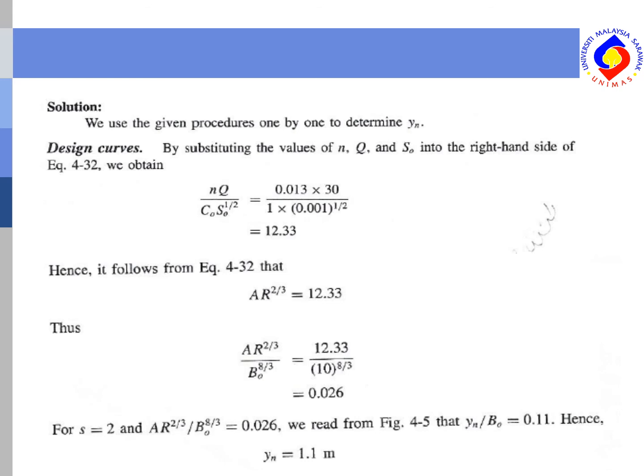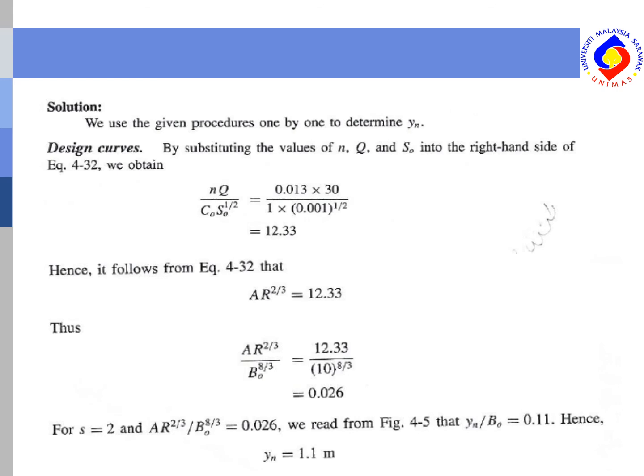Since this is a trapezoidal shaped channel, we need to go to the line representing the trapezoidal shape with a side slope z equal to 2.